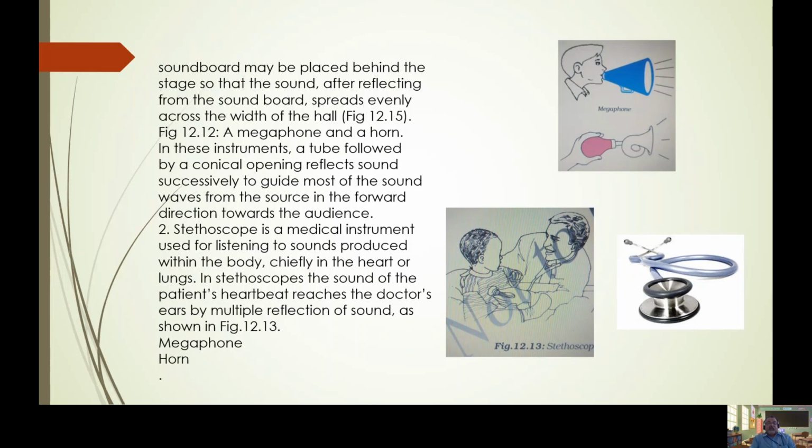A megaphone and a horn are instruments with a tube followed by a conical opening, and this successfully guides most of the sound waves from the source in the front direction towards the audience.